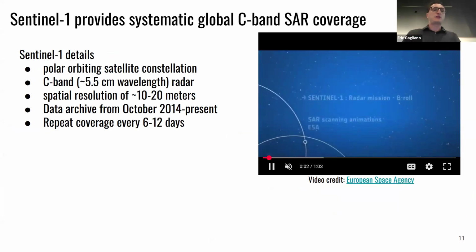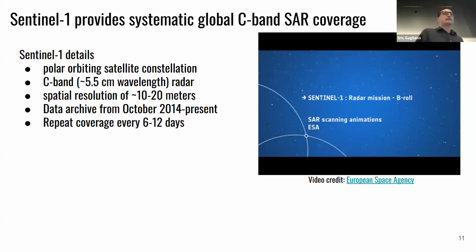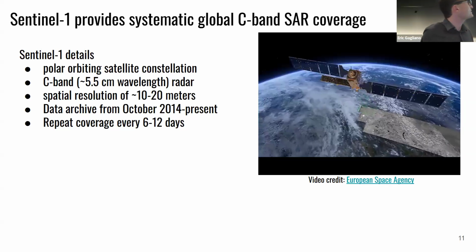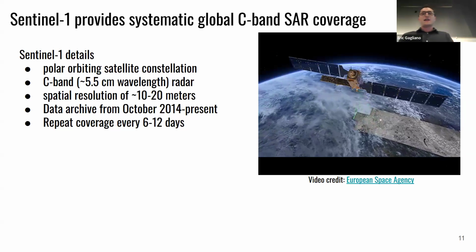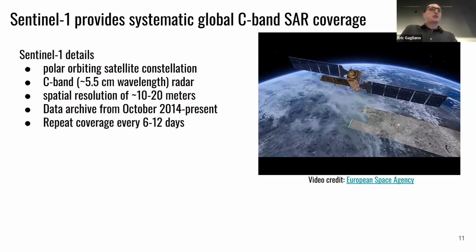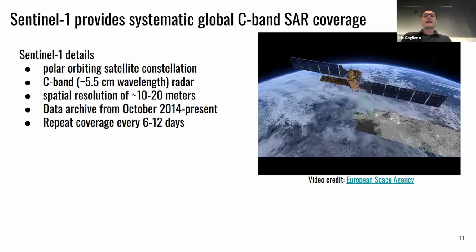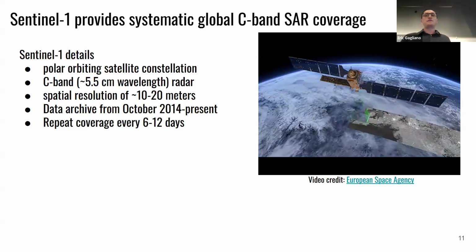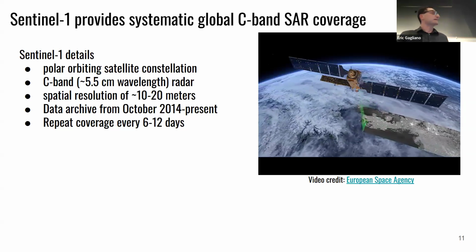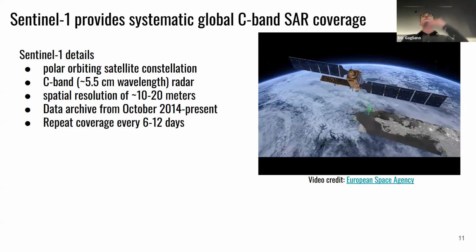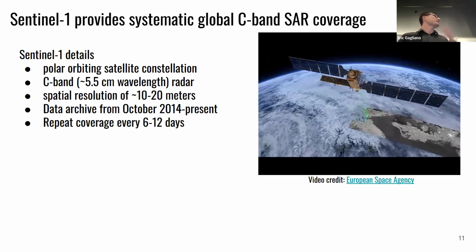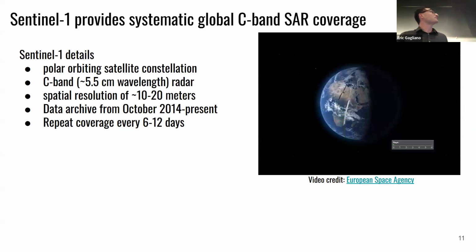And the input data that we're going to be using today is C-band SAR data from the Sentinel-1 satellite. So here's a little artist rendition of a Sentinel-1 satellite capturing some SAR imagery. And Sentinel-1 is a constellation of C-band SAR satellites in polar orbit. So they're going to be repeating and measuring at the same time of day for every acquisition.